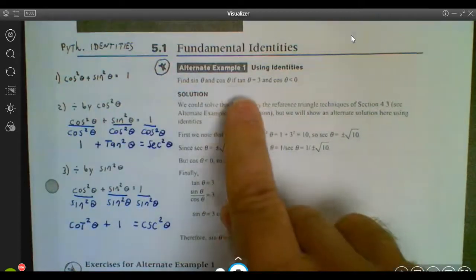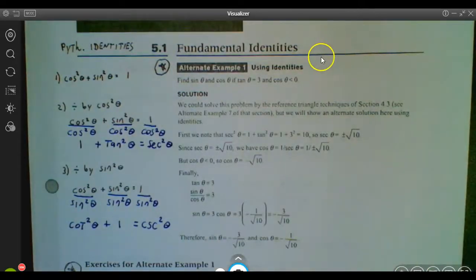So in this one, they're asking us to find sine and cosine if the tangent of the angle is 3 and the cosine is negative, right? So in other words, I know that my tangent's positive and I know that my cosine is negative. So in which quadrant would we find a positive tangent and a negative cosine?